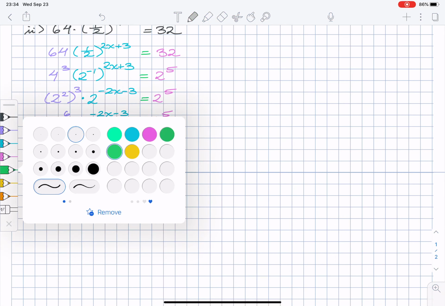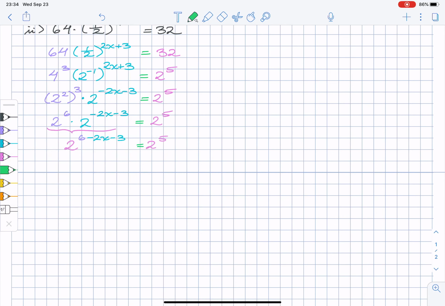Okay, so let's actually move this over on the same page. Let's move this up here. Combining like terms on the left, what is 6 minus 3? It's 3. So this is 2 to the 3 minus 2x is equal to 2 to the 5th.